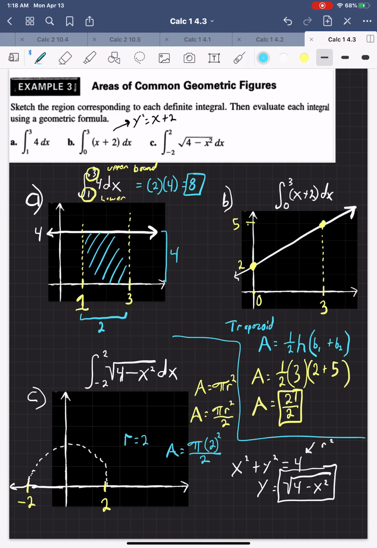Well, that's interesting. 2 squared is 4, so that's 4 pi over 2, or 2 pi. All right, I agree with you. This is not calculus. And we are almost done with this section.